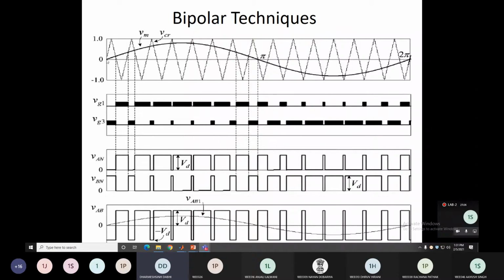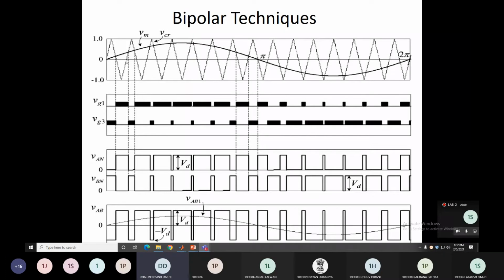See, here you can see that this is a positive triangle and this is a negative triangle. So here one cycle of the triangle is complete at this point. Yes or no? You can see my arrow here. One triangle starts from here, completes positive here, and completes negative here. So that becomes one cycle of the triangle.